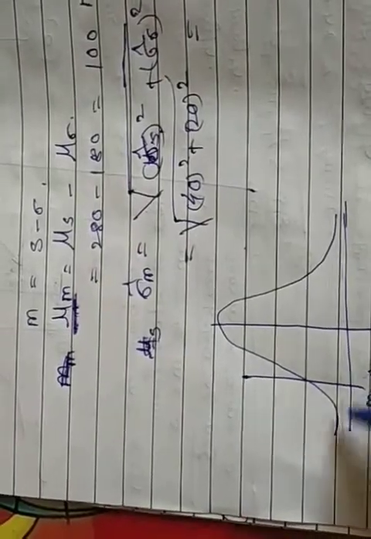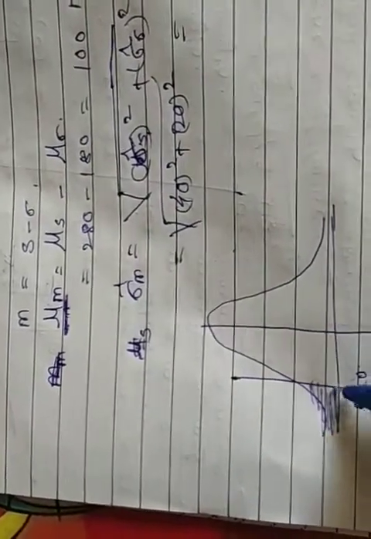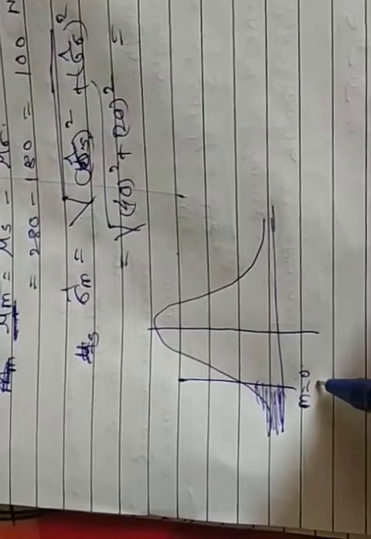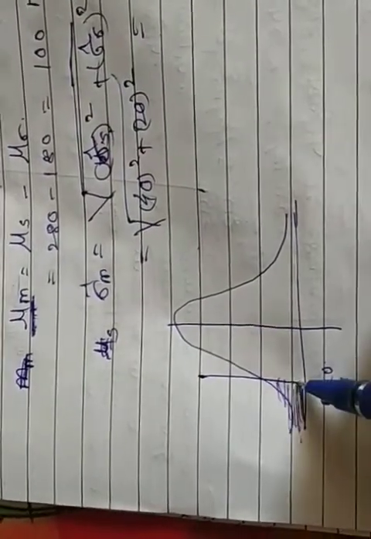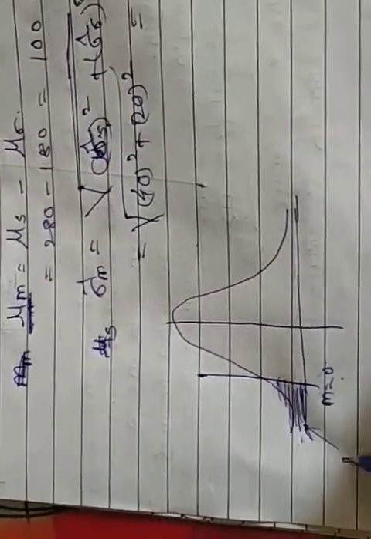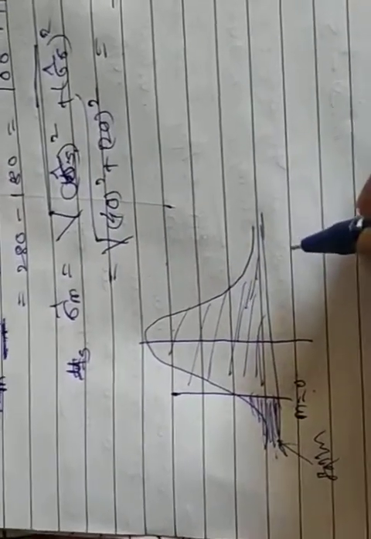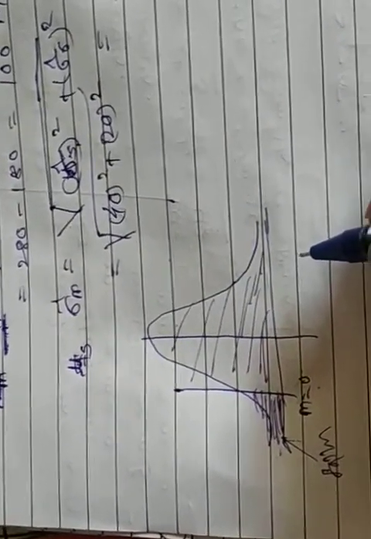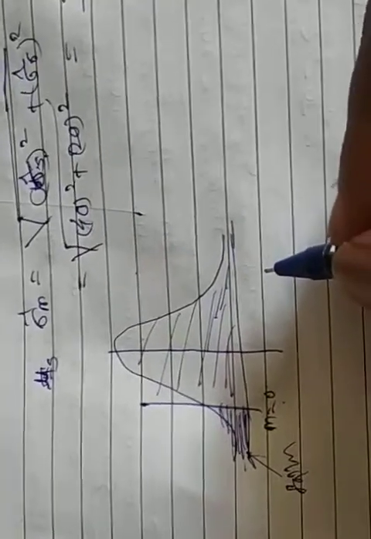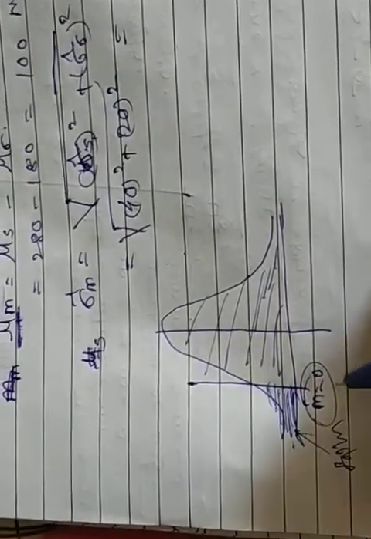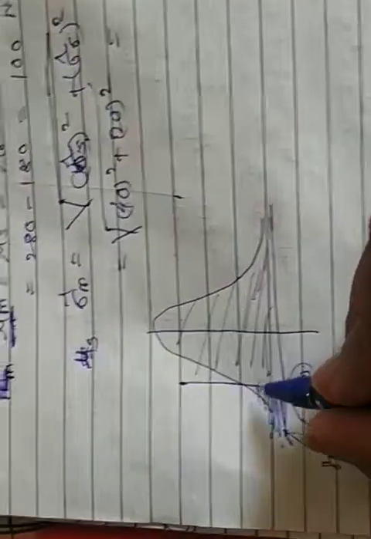On the left hand side of m is equal to 0, this is the failure region, and on the right hand side, this is the accepted region. So I hope you remember that one. Now what we have to find out, for m is equal to 0, is the z value.